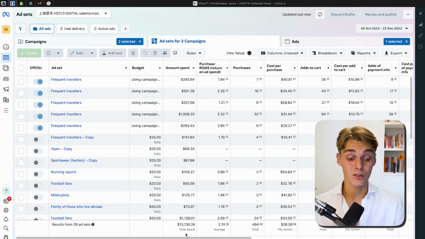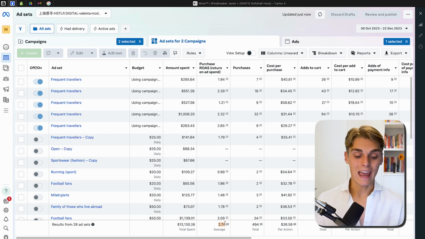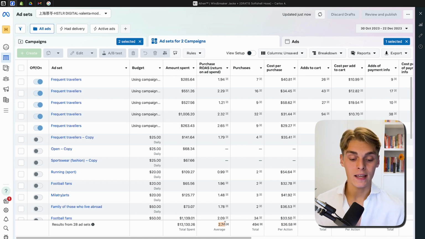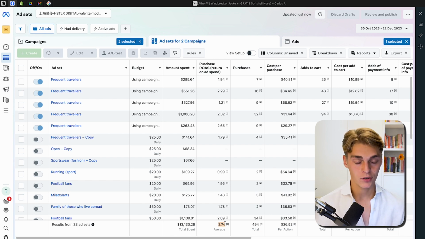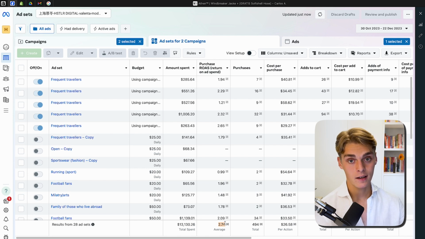So there were still 20 to 30 orders missing. So this ROAS actually increased to 3. So with every euro that I spent, I would have been profitable if I had a 1.3 ROAS. However, we got a 3 ROAS. So that means we were more than double profitable based on the spend that we had. So with this spend, I got like 15,000 euros in profit.